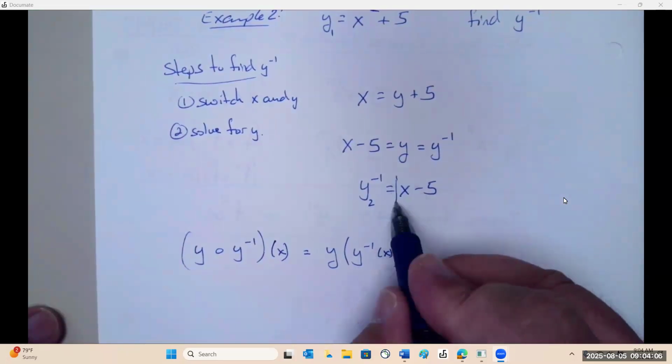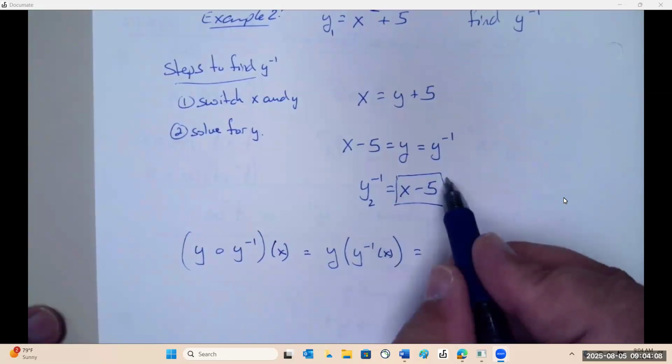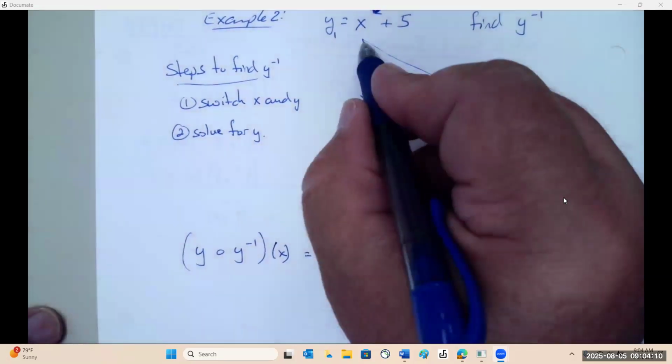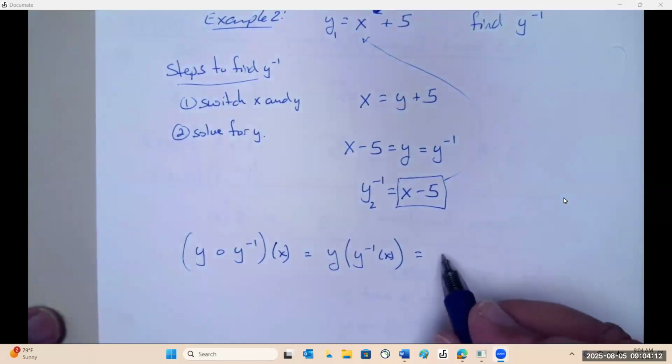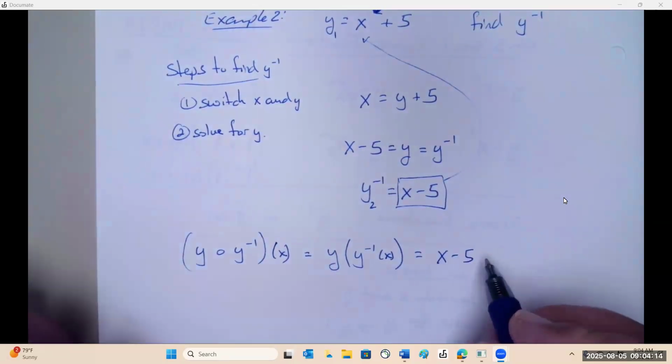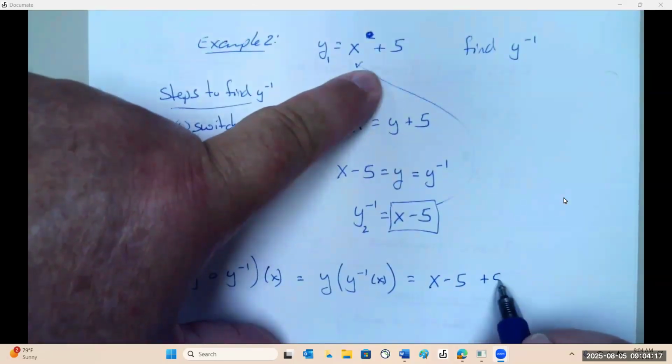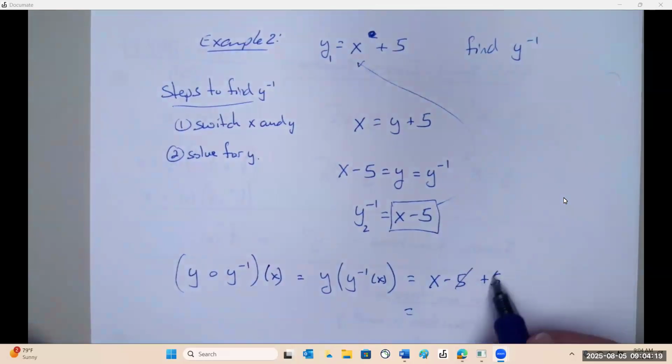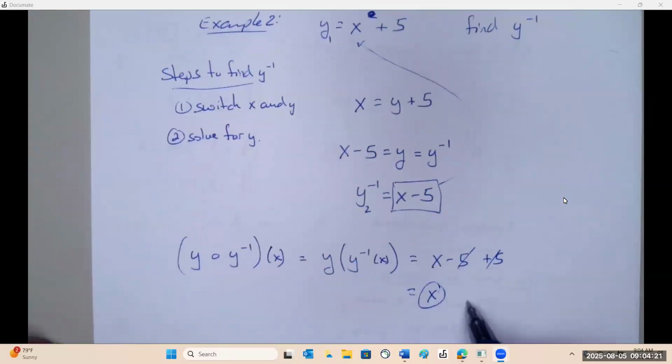So we take the inverse and plug it into x of the original function. So we have x minus 5 plus 5. The 5's cancel, we're left with x. Check. That's what we're supposed to have.